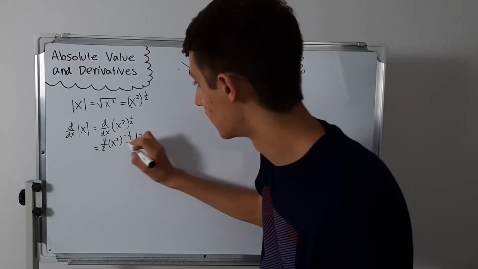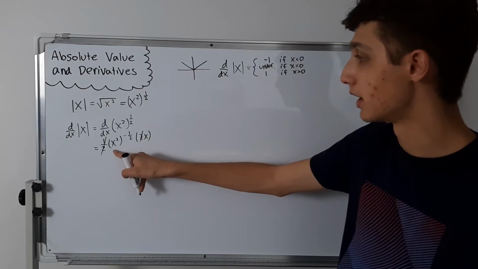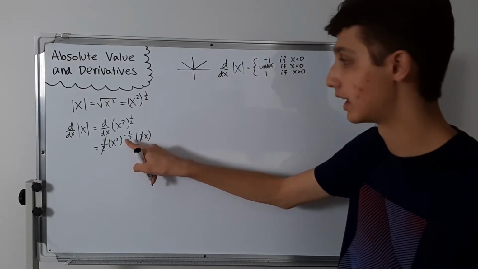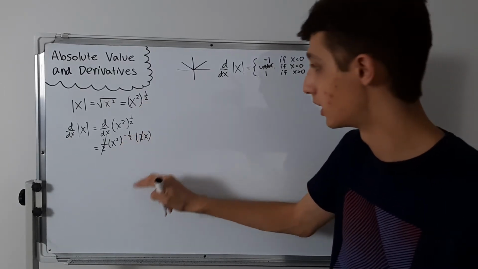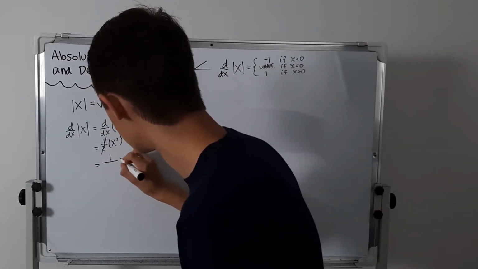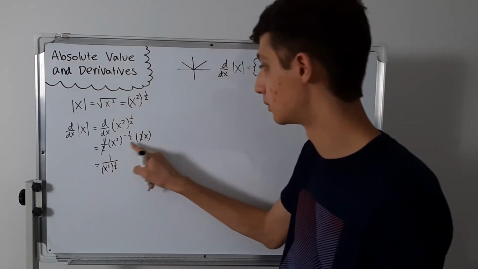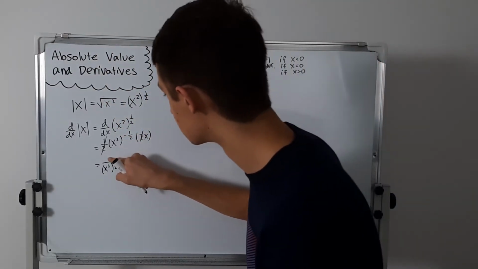So we can cancel the 1/2 and the 2 out. And now we have x squared to the -1/2. That negative exponent means we put it on the bottom. So first we have 1 over x squared to the 1/2, and we have that x, which I'll just put up here.